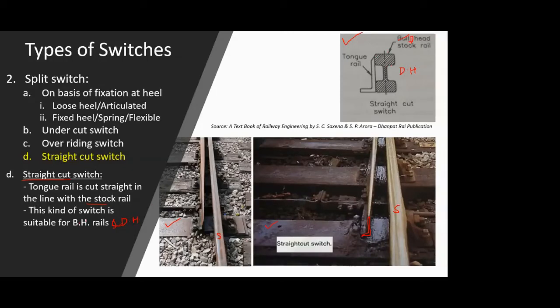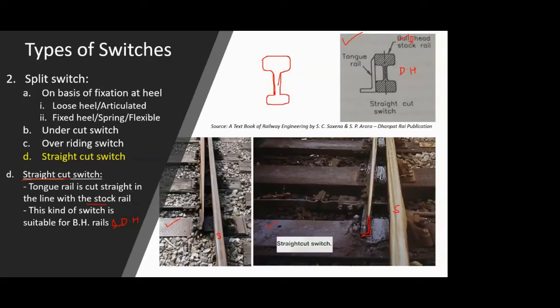More than bull-headed, it will be possible in double-headed, because in bull-headed we know that the material or the metal on the top of the rail is more as compared to the foot of the rail. So the foot of the rail might be something this much itself, but at the top the head is more.